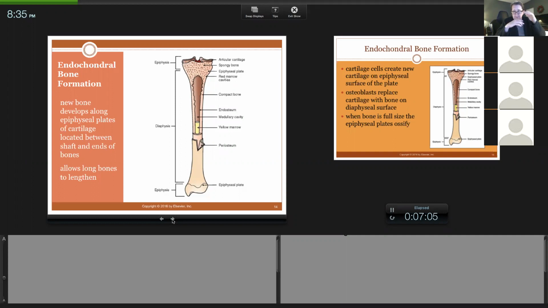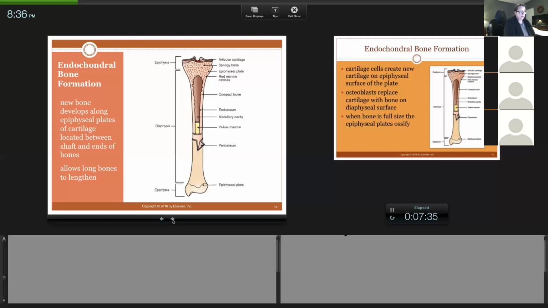So what happens is there is a little bit of a gap, which is a growth plate, this epiphyseal plate. Basically, the diaphysis would be here and the epiphysis there, but they're growing together. And when they grow together, that bone is going to lengthen. I just want you to know the epiphyseal plate is a growth plate and it's layered.